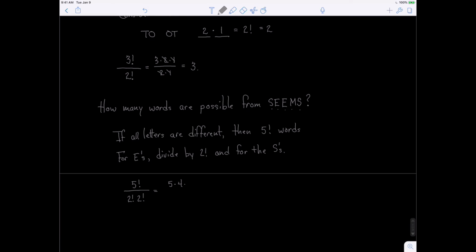You could try this on your calculator. So that's 2 times 1 times, oops, 1 times 2 times 1. Oh, and look at this. 2 times 2, that's a 4. 1 times 1 is a 1. So that's going to give me 5 times 3, which is 15, times 2, or 30 different words from seams.